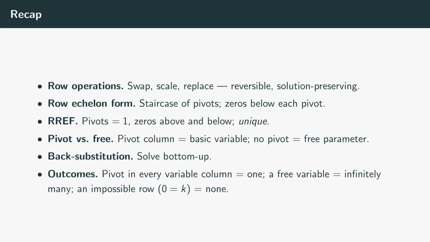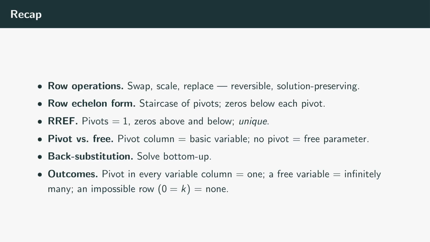Let's recap. Gaussian elimination uses 3 elementary row operations: swapping 2 rows, scaling a row by a non-zero number, and replacing a row by itself plus a multiple of another. Each is reversible, and each preserves the solution set. With them, we drive the matrix to row echelon form, a staircase of pivots with zeros below, and then to reduced row echelon form, where every pivot is a one alone in its column, a form that is unique.